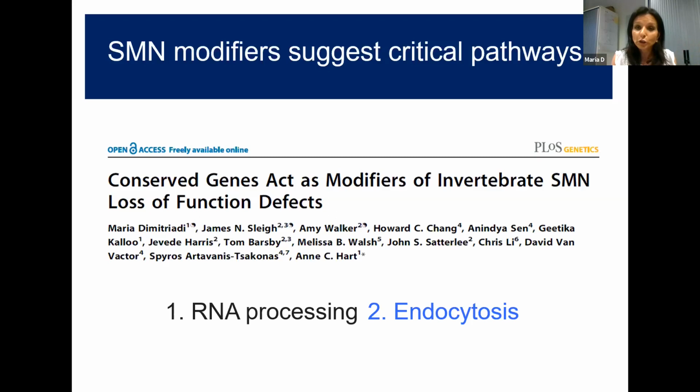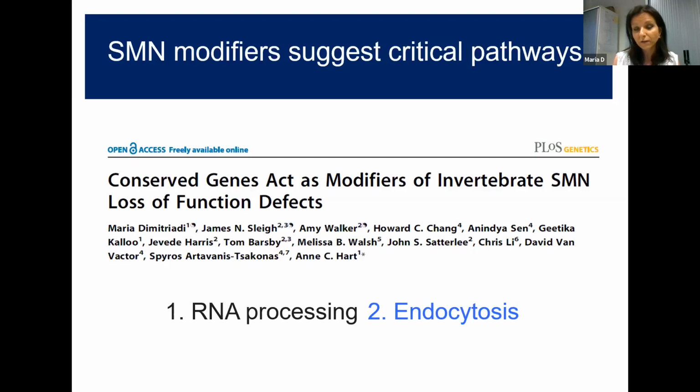So if you increase levels of SMN2, then the phenotype gets better. That's what we're trying to do: identify, using the worm, because we can get a very quick readout, genetic modifiers of SMN. So which genes, when we alter them, will make our worms happy again?